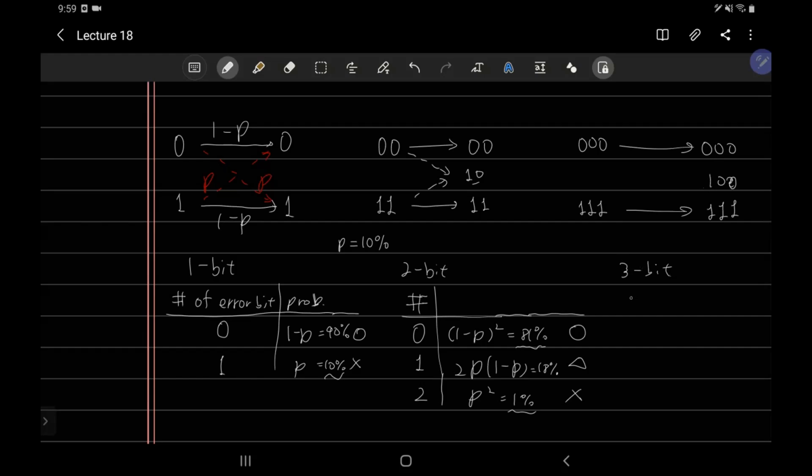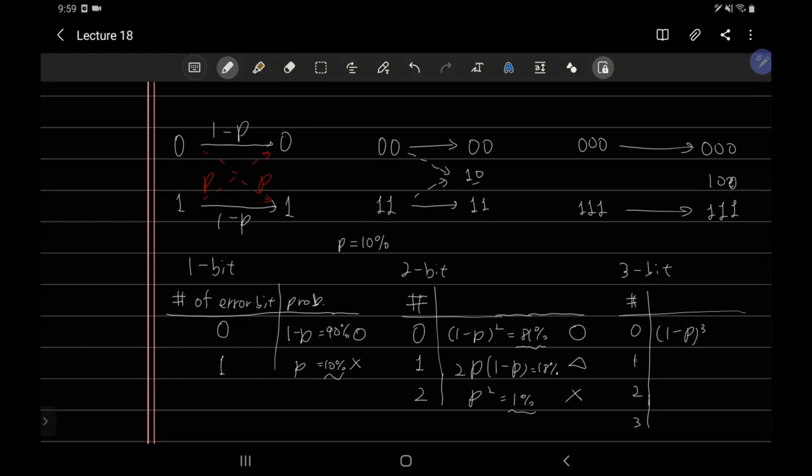For the 3-bit case, the number of error bits can be either 0, 1, 2, or 3. For each case, the probability that we won't have any error is 1 minus p cubed.